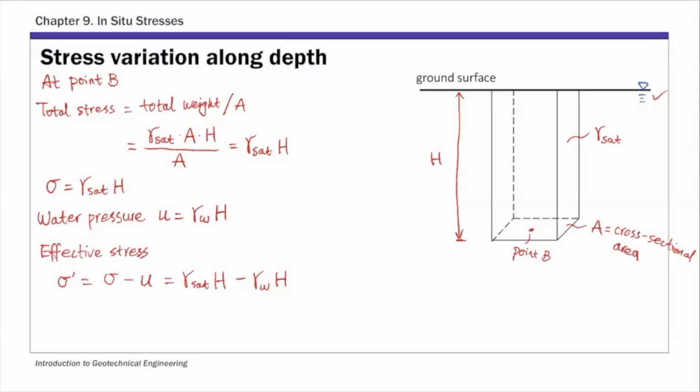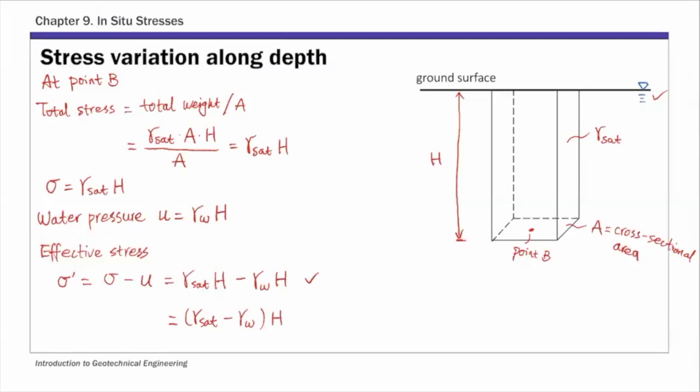For this case, look at the last equation here: effective stress equals gamma saturated times H minus gamma water times H. If you factor out H, this last expression becomes the difference between two unit weights. One is the saturated unit weight, and one is the unit weight of water, times H.